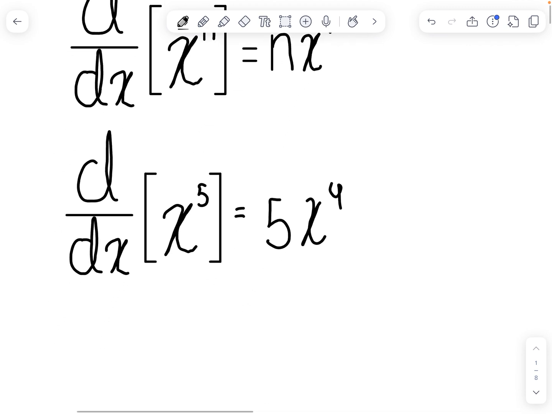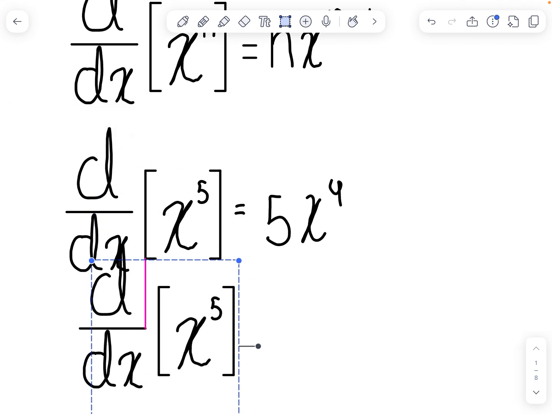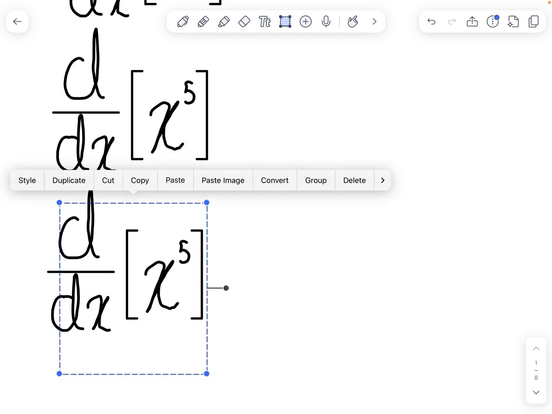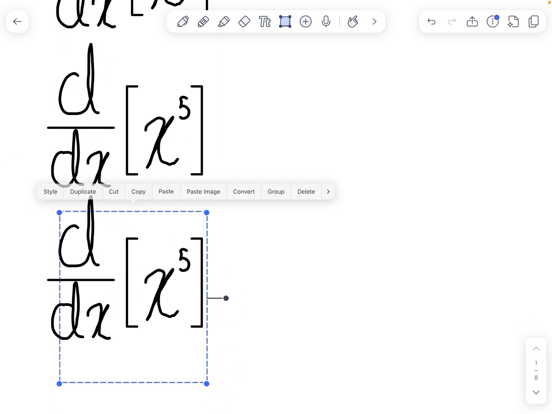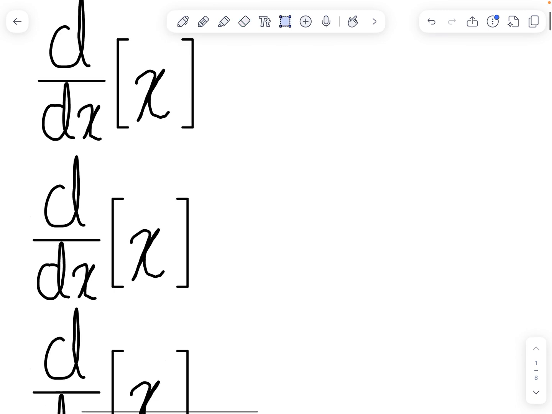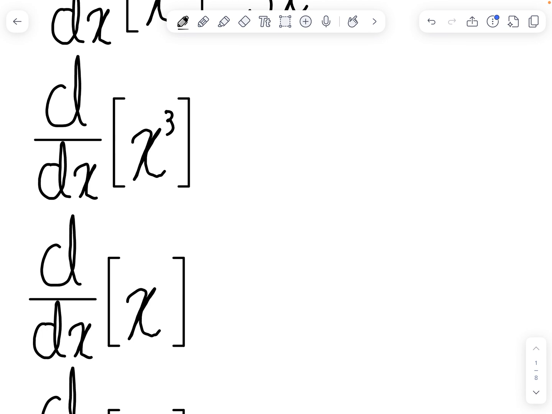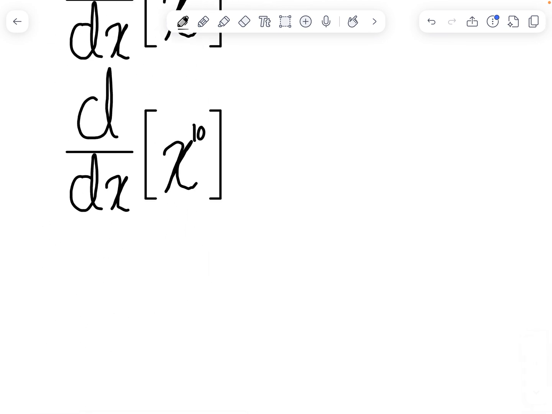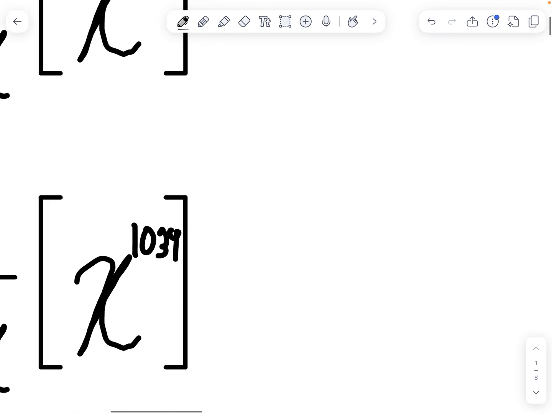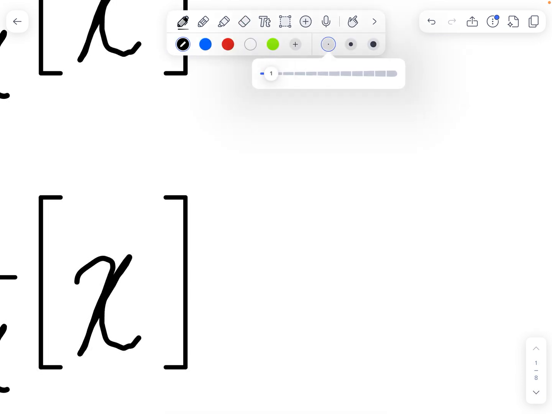Okay, now let's try another question. In fact, here are 3 questions: x cubed, x squared, and x to the power of 1034.